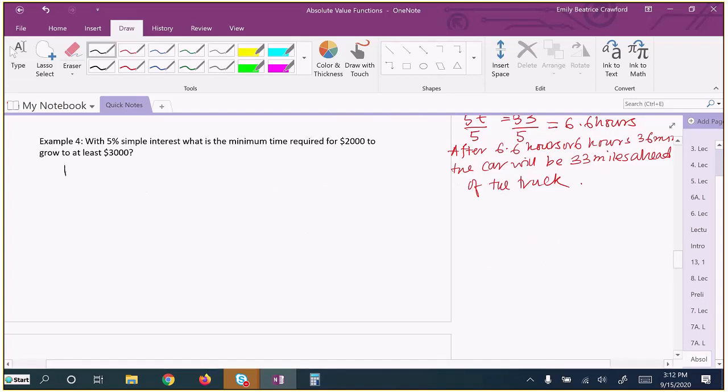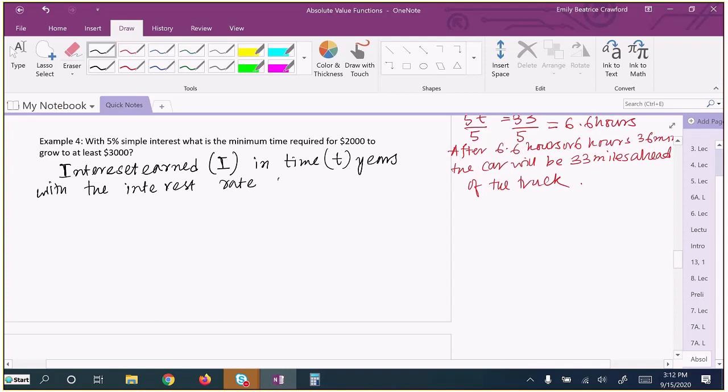We will say the interest earned, and we denote it by the letter I, in time t years, with the interest rate, and we denote it by R. And just to remind ourselves, the rate of interest should be in decimal expression, not the percentage expression. Also, the principal I have to write.